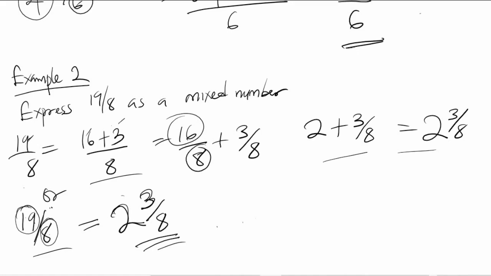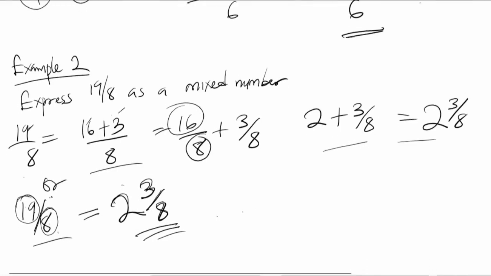There's a remainder of 3, then over the denominator 8. That is how we got this.